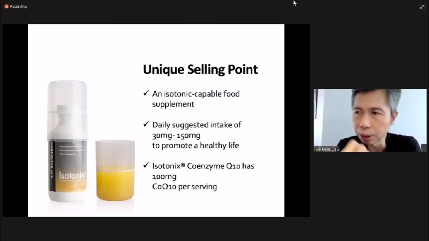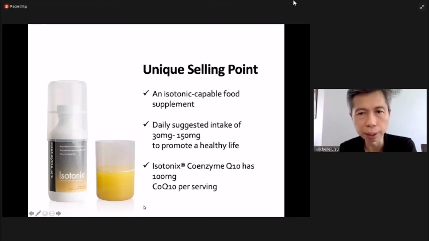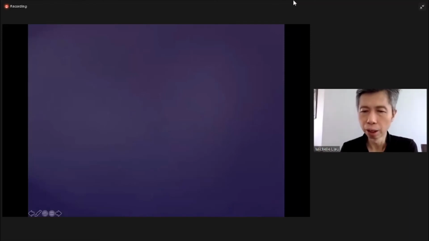If you just simply take a pill, a lot of the active ingredients just get washed out through the other end. On the other hand, an isotonic capable product helps to maximize the bioavailability of the active ingredient where we want it. And each serving of this particular product gives you 100 milligrams of it. That's a pretty high amount.